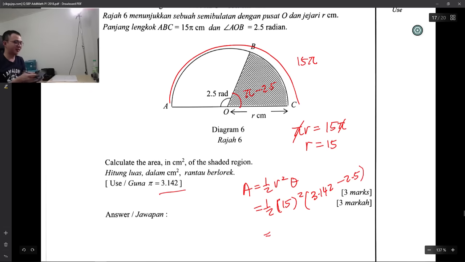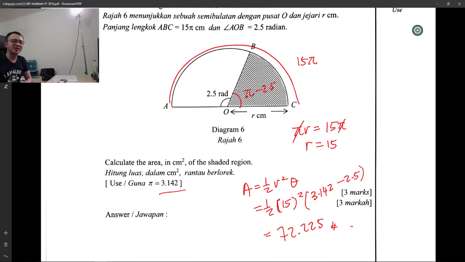Then I just type everything into the calculator. I should get a very accurate answer, which is 72.225. This kind of circular measure question is quite easy.